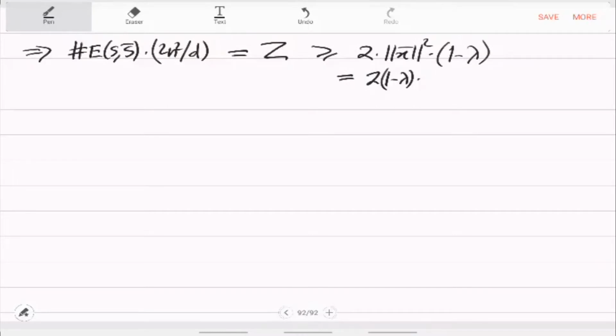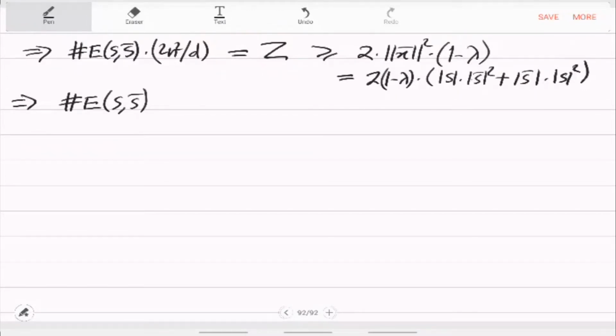So sigma x_i square is s times s bar square plus s bar times s square, which implies that the number of crossing edges is at least d over 2n square times 2 times 1 minus lambda times, bringing s s bar outside, you are left with s plus s bar, which is n.